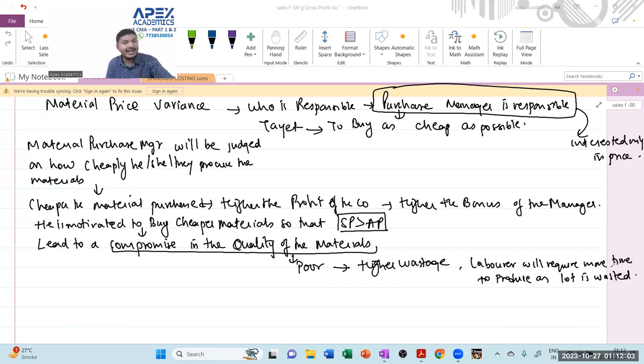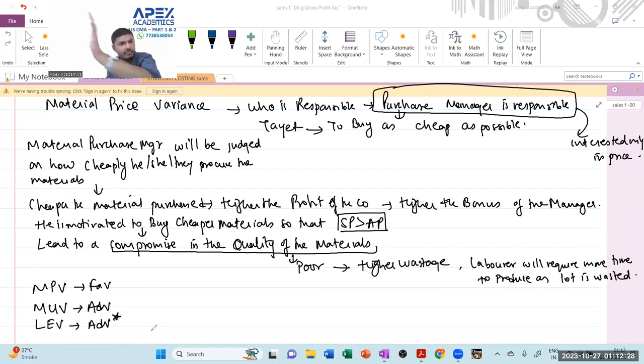So if material price variance is generally favorable, material usage variance will be adverse and labor efficiency variance will be adverse. We will discuss this during labor because labor will take more time than expected as more wastage is happening. This is the inverse relationship between material price variance, usage variance, and labor efficiency variance.